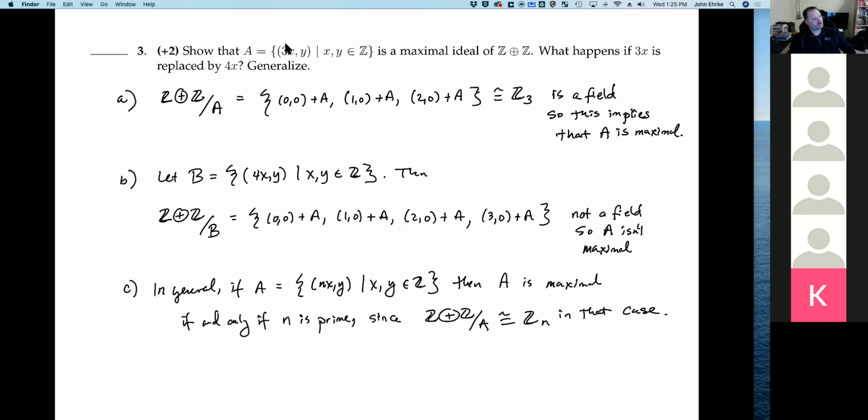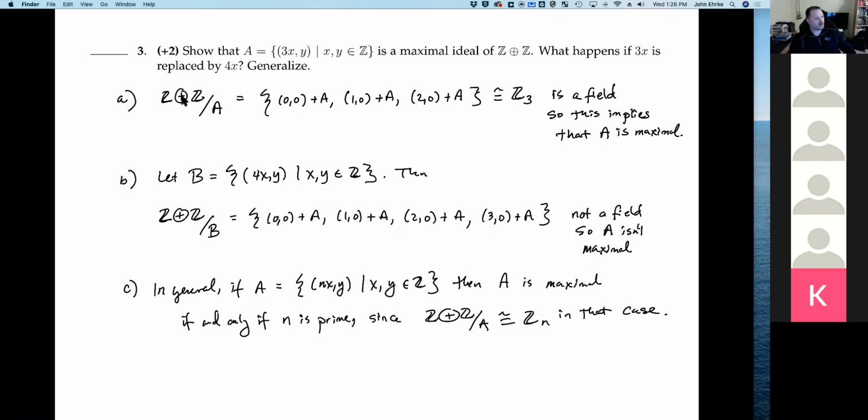So all you really care about is, are you 3x plus 0, 3x plus 1, or 3x plus 2? Because everything else gets absorbed back into 3x. So, as distinct as we can make it, these are the 3 elements that are in this factor ring. So this is going to be isomorphic to Z3, which is a field. So that implies that A is maximal.